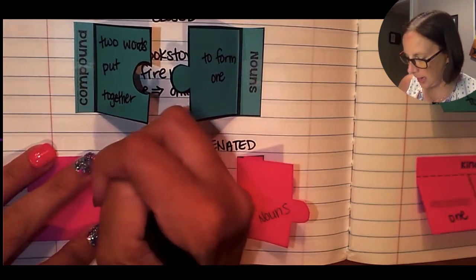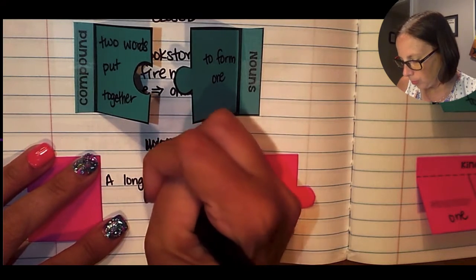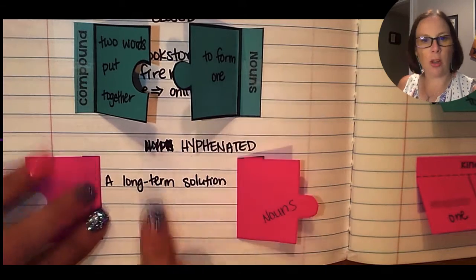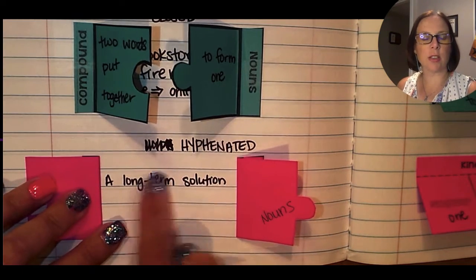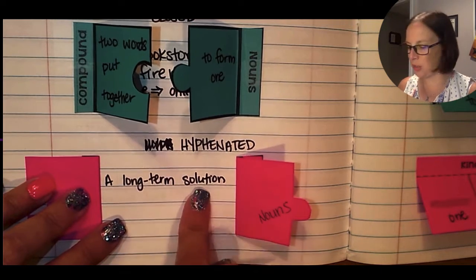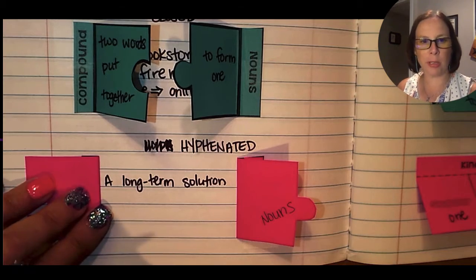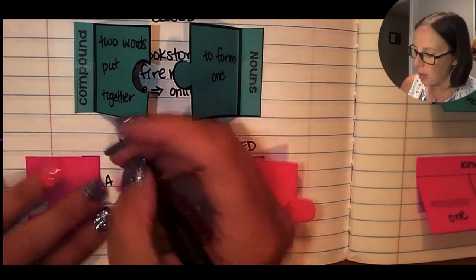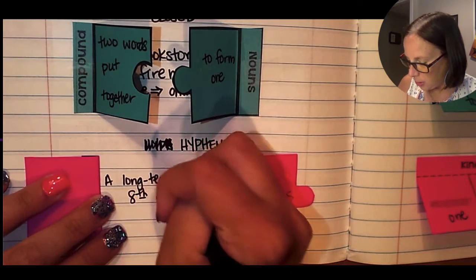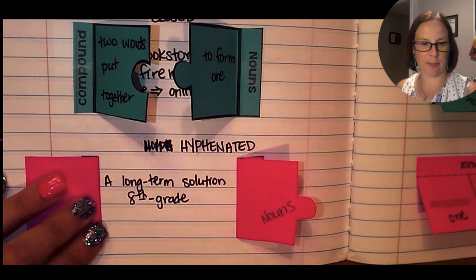So like if I said a long term, long term is both describing solution. So term and long kind of go together to describe the solution, which is why it's got a hyphen. One of the things that Grammarly does that drives me crazy, I don't like how it looks, but if I were to say 8th grade, Grammarly likes to put the hyphen there.